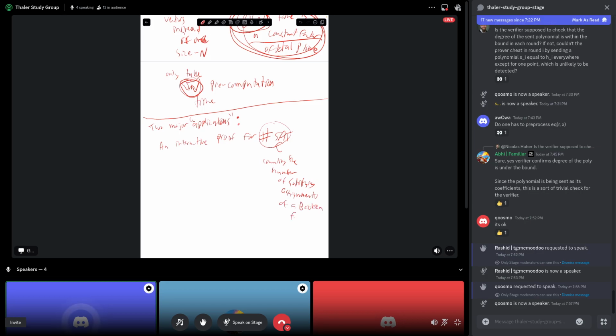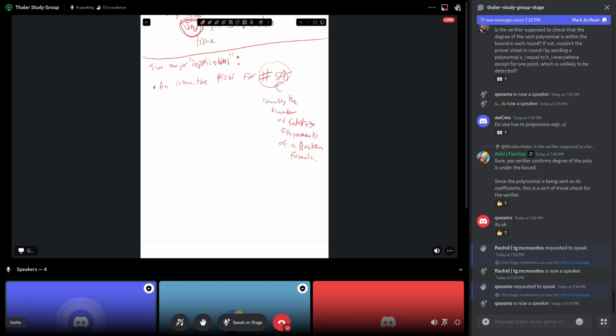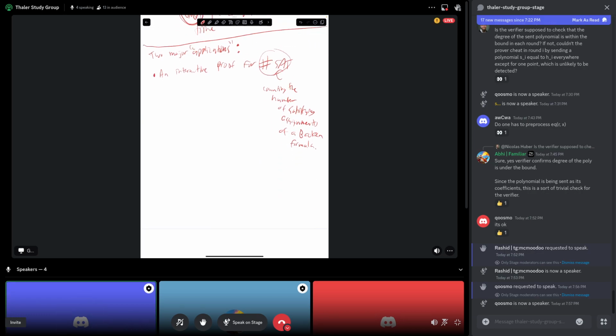And I think I did sketch this a few weeks ago, but it might be worth describing it again now that we've seen how the SumCheck protocol works. So this dates back to like 1990. This was literally from the paper that introduced the SumCheck protocol. So this was the first application of SumCheck.